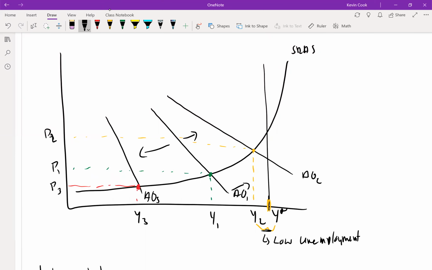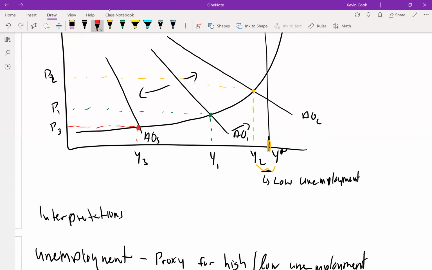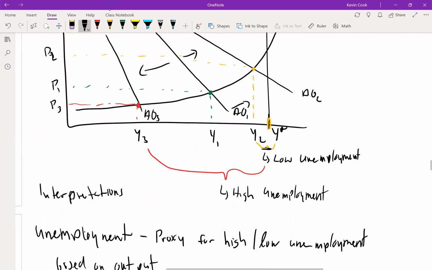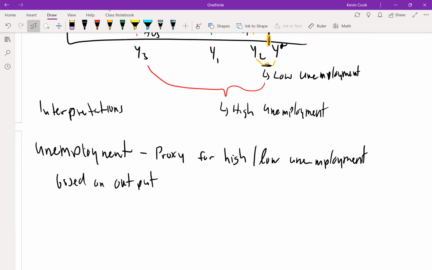Again, we can't necessarily say what our unemployment rate is, but we can say it's low unemployment. Whereas if we're out here at Y3, you see there's a lot of goods that we could produce that we're not. So out here, we're going to have an issue of high unemployment. Cool. So that's unemployment. The question we can look at to figure out unemployment is how far are we from our potential GDP?